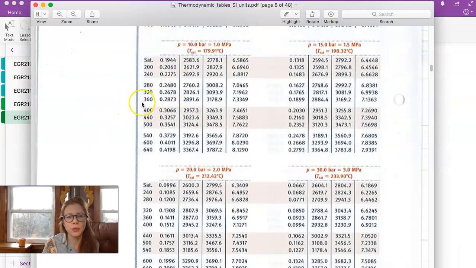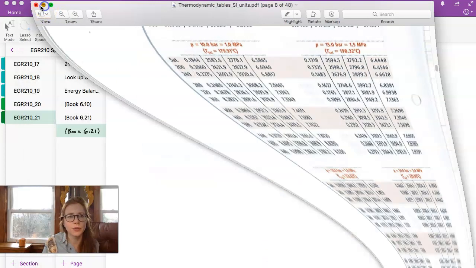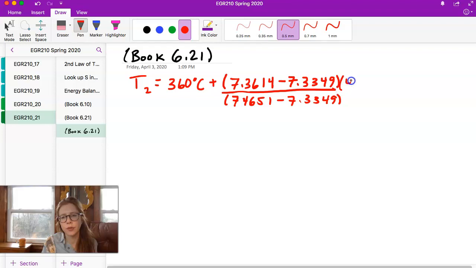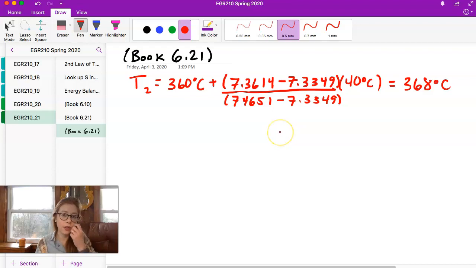So our lower limit temperature was 360, our upper limit is 400. 400 minus 360 is 40. Which is going to give us 368 degrees Celsius.